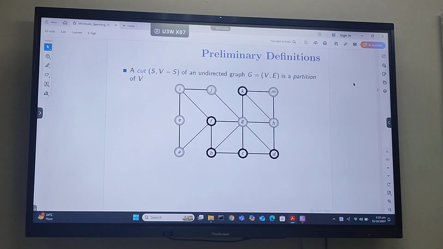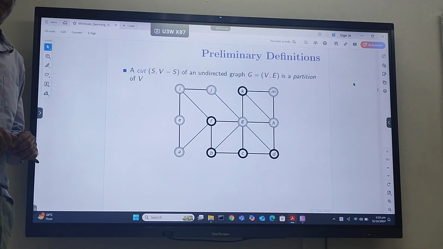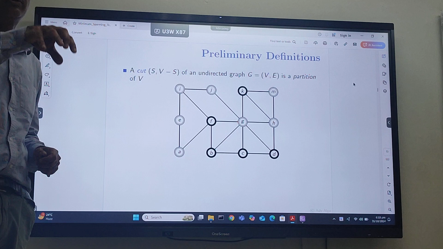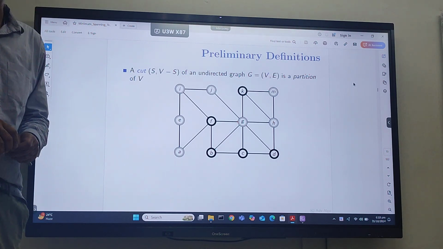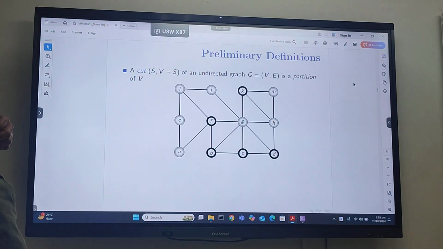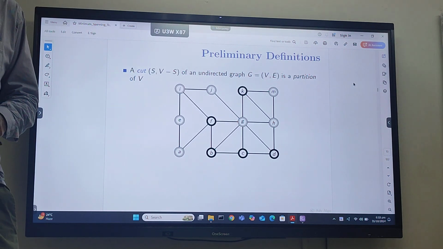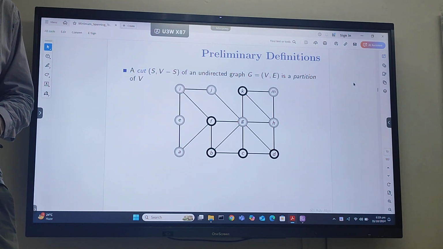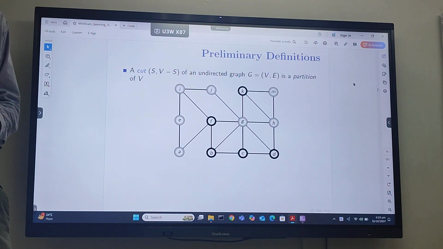So we had seen this graph. Now we are going into a bit more detail on whatever we have studied, looking at some figures to see what we mean by that. So this is a graph. We have not included any weights. We partitioned the graph. It has a black set and a gray set, and these are two sets.